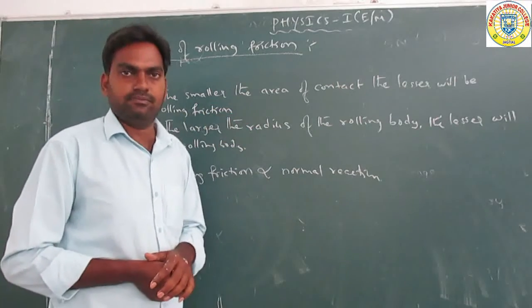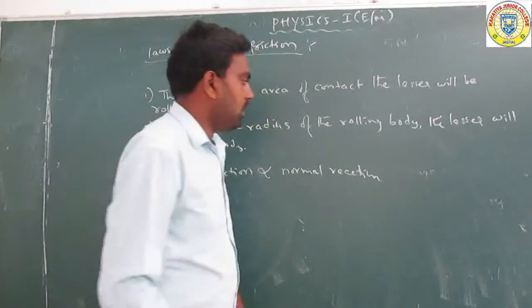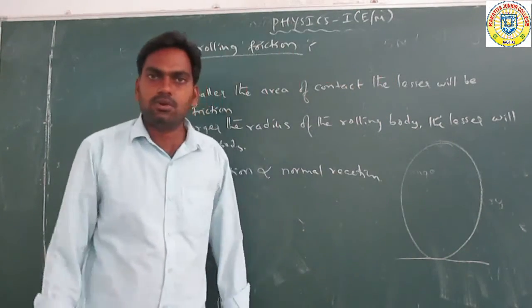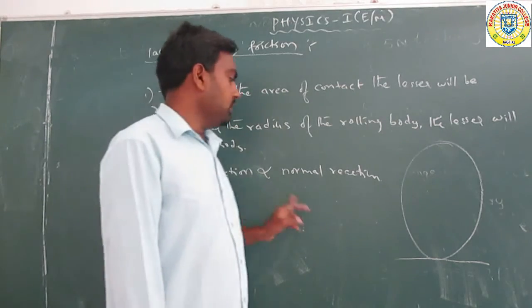The second law: the larger the radius of the body, the less the contact, so the less the friction.